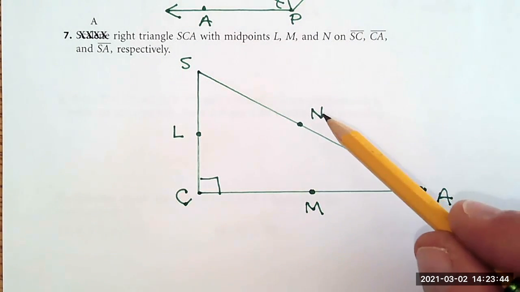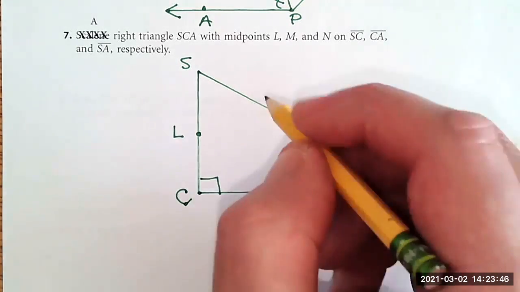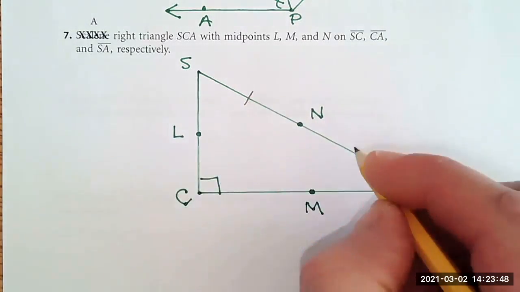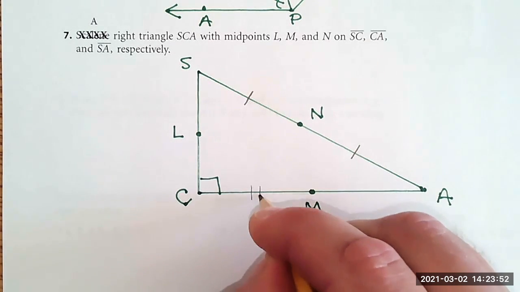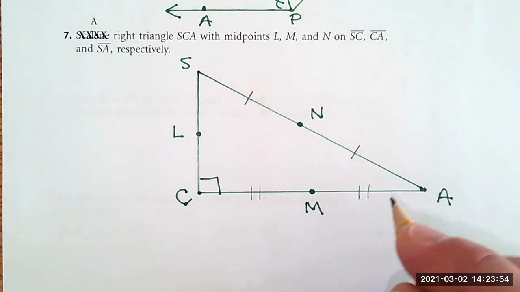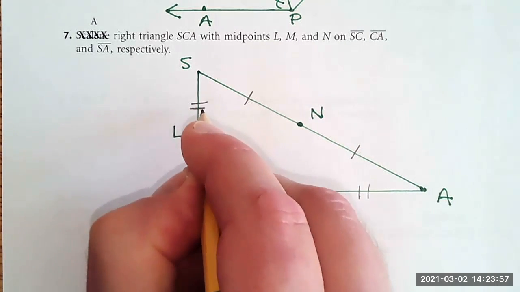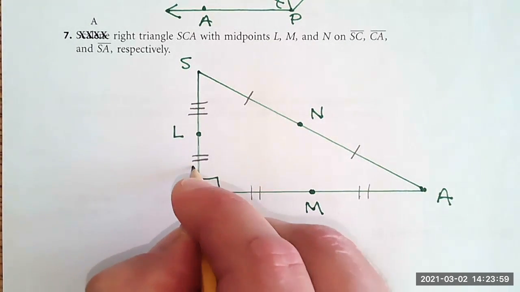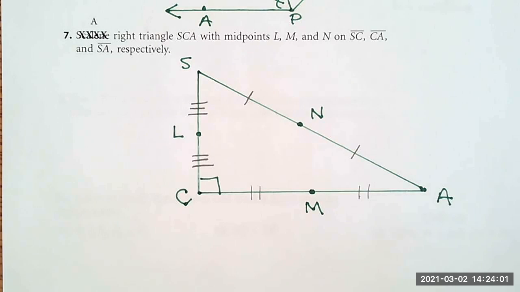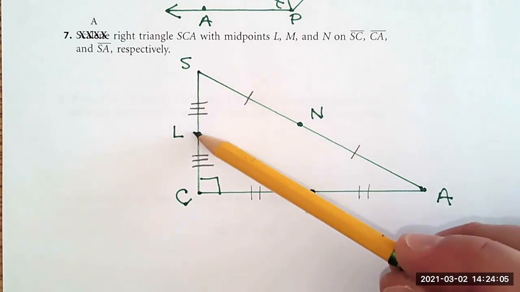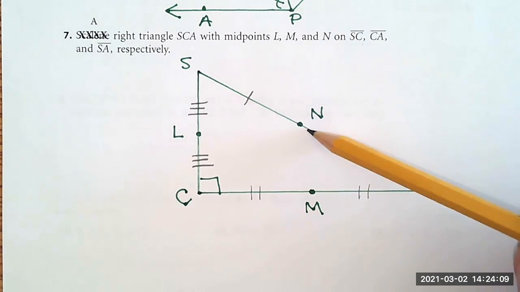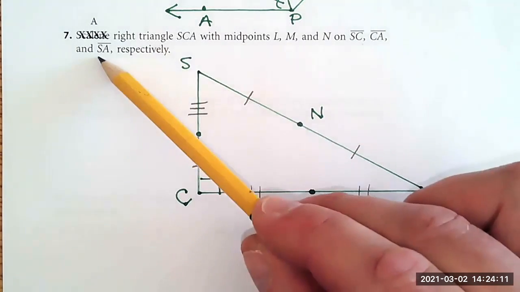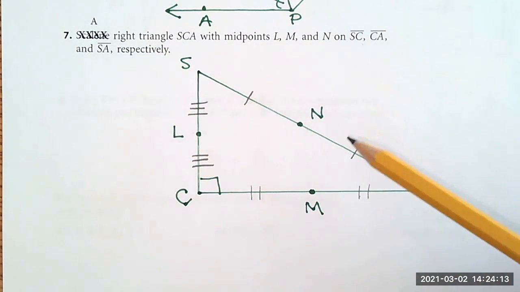I need you to denote that these are midpoints by making sure I include the same number of hash marks for each segment on either side of that midpoint. So there are some options here, but what you'll note is L is going to be the midpoint of SC, N is the midpoint of SA, and M is the midpoint of CA.